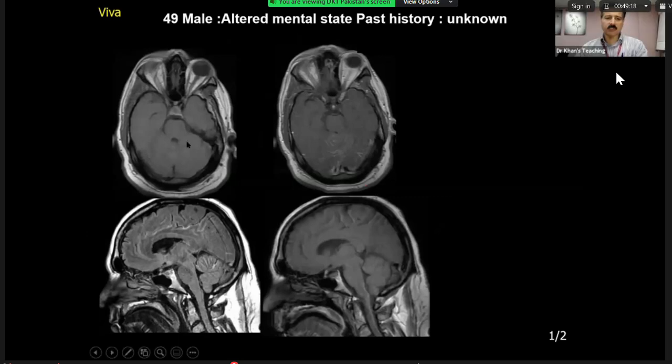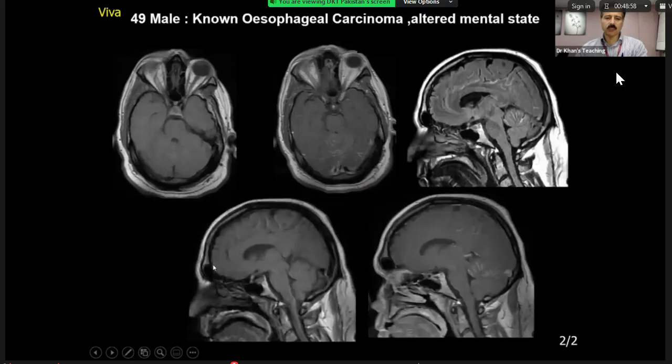On a T1 weighted sequence there is no enhancement, but on a post-contrast sequence, you can see this enhancement. And if you look at the FLAIR, you can see this high signal, just like the previous case I was showing you. And actually, this was a case of esophageal carcinoma.